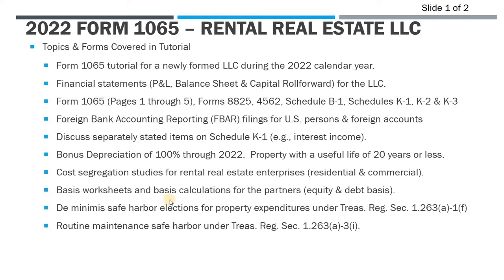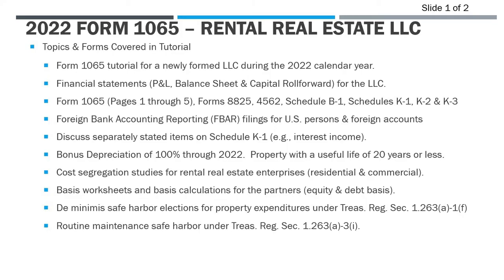Talk about basis issues for partners, so we will look at the basis worksheets and calculations, and then talk about some safe harbor elections, right? So we have the de minimis safe harbor election for property expenditures, and then a routine maintenance safe harbor election, which is very, very common and popular for landlords, right?